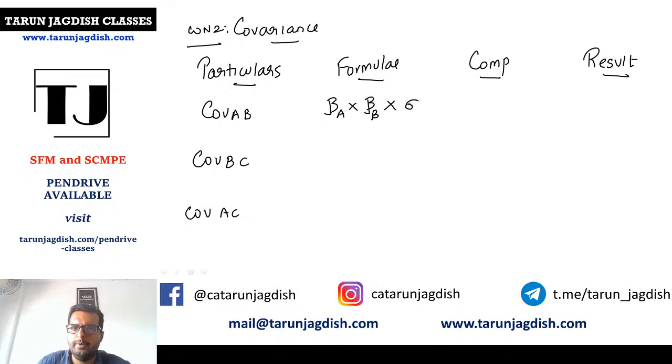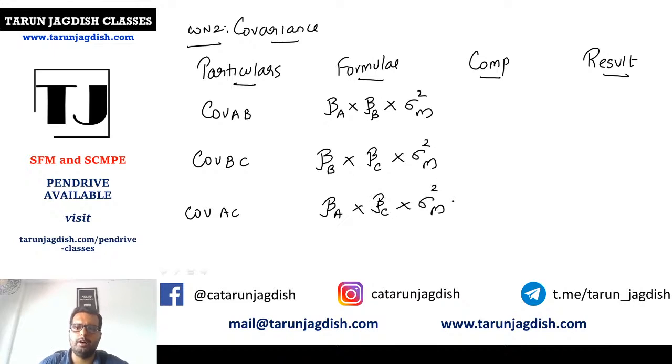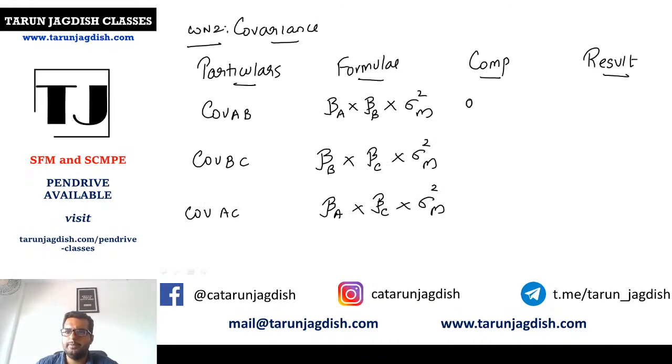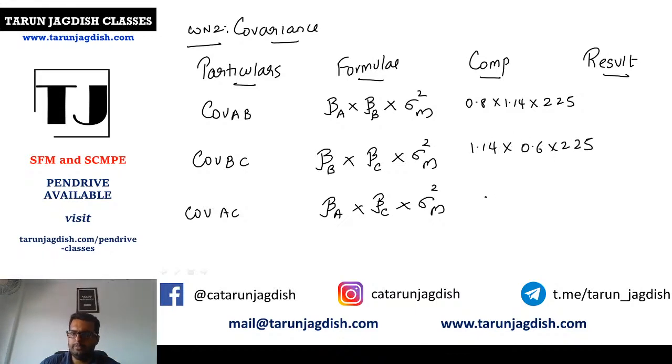Beta of A, beta of B variance of the market, beta of B, beta of C variance of the market, beta of A, beta of C variance of the market. Alright. So the computation part, it will be beta of A is how much? 0.8, 1.14 into 225, 0.6 into 225, 225.